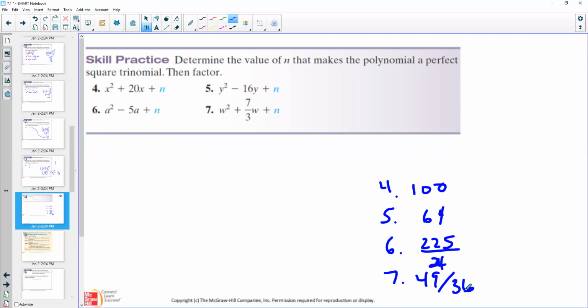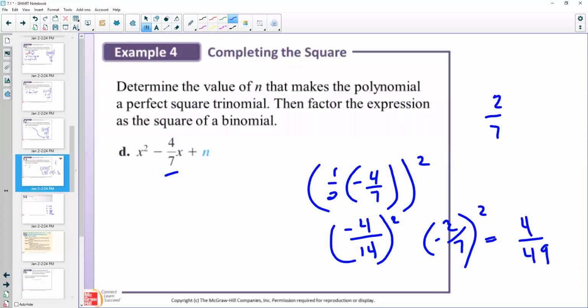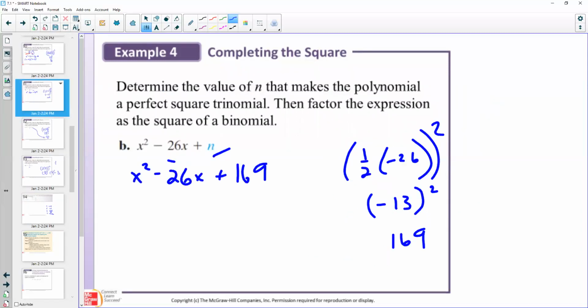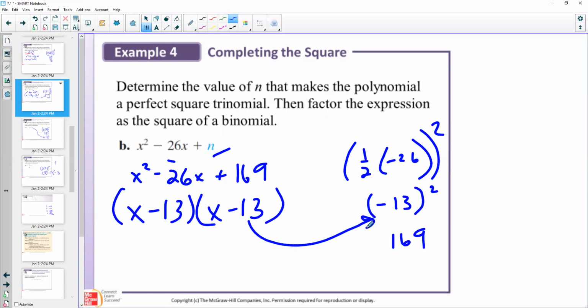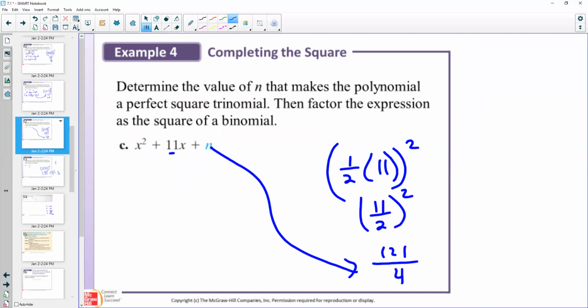In each of these cases, if we go back a couple of steps and write out the perfect square binomials, in the first case it would be x minus 13, x minus 13. Do you see that number, negative 13 there? It's the number you have before you square it. In the next one, my perfect square binomials would be made out of x plus 11 over 2 and x plus 11 over 2.